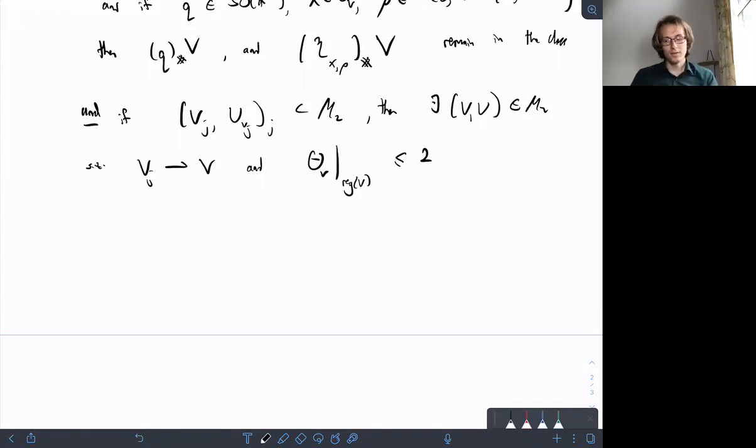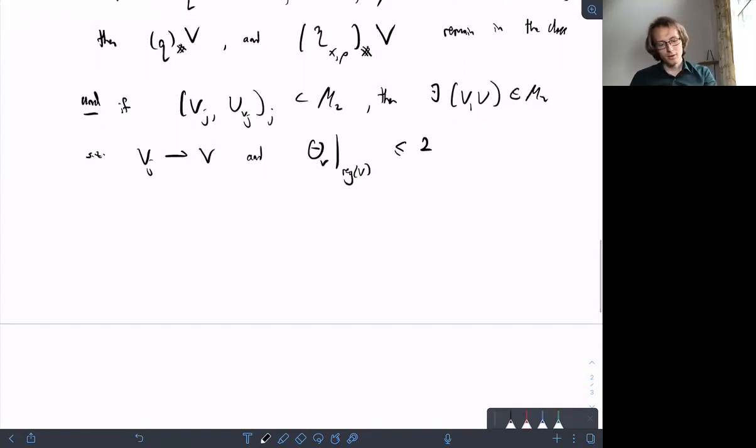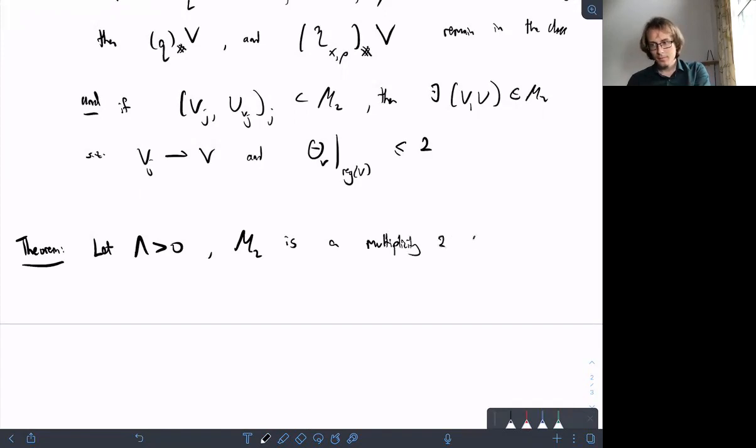So what I mean by this is we can prove the following. If you let gamma bigger than 0, and if M2 is a multiplicity 2 class, actually, I'll write this differently.